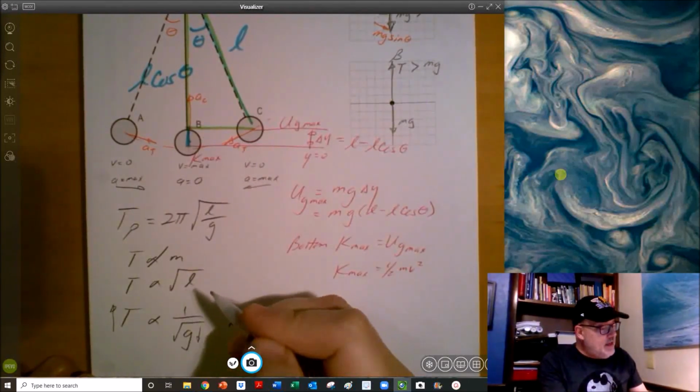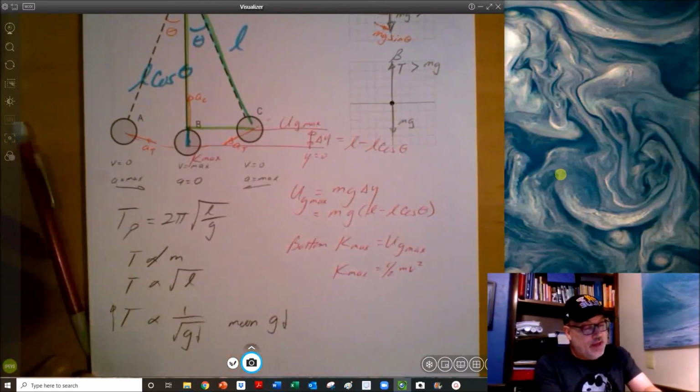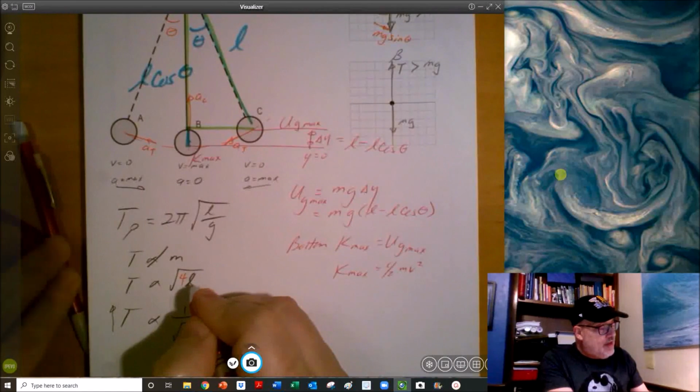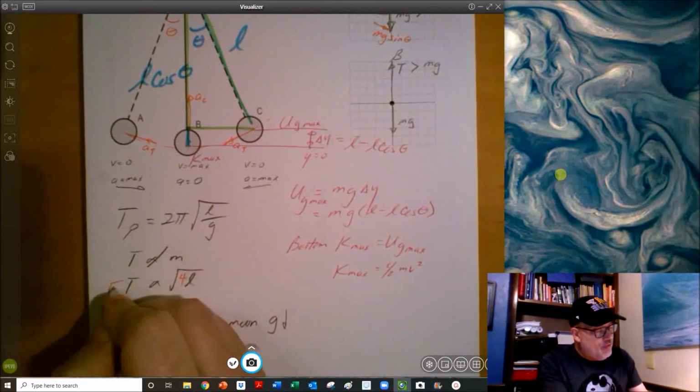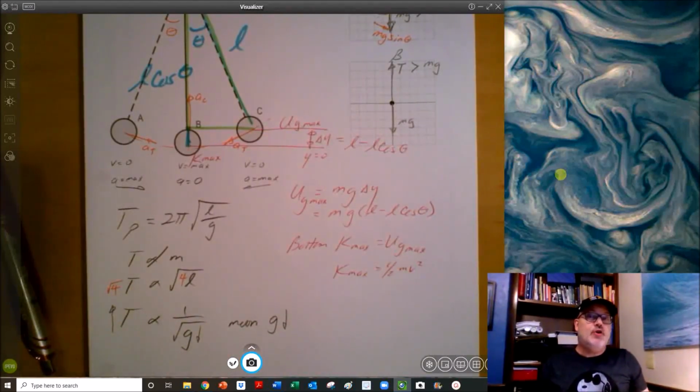If we change the length, say we quadruple the length, make it 4 times bigger, then the square root of 4 is 2, so we have twice the time period. All right? And there's the basics of simple harmonic motion for a pendulum.